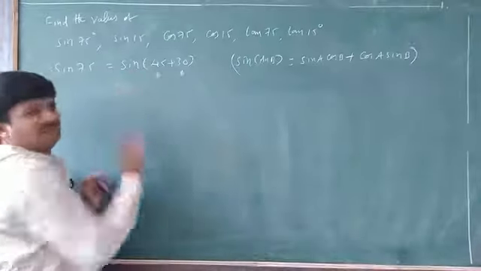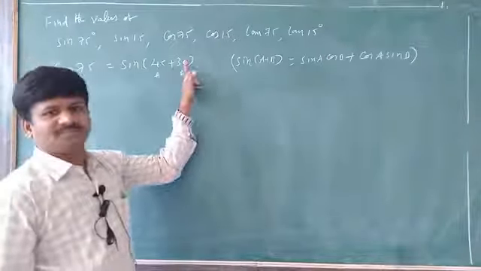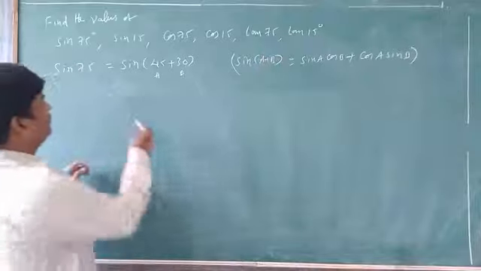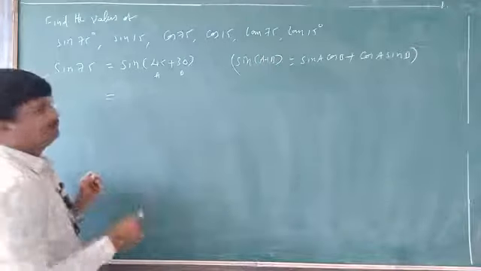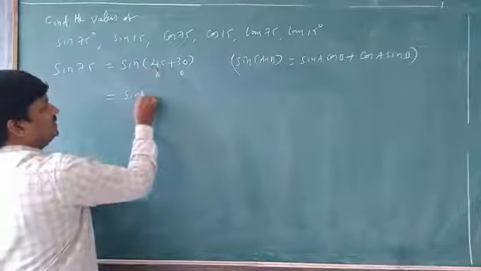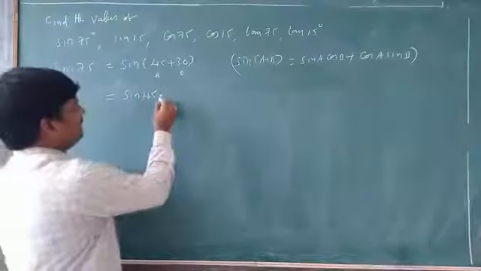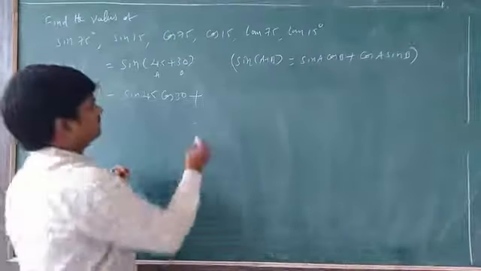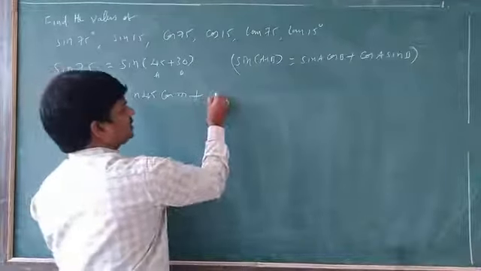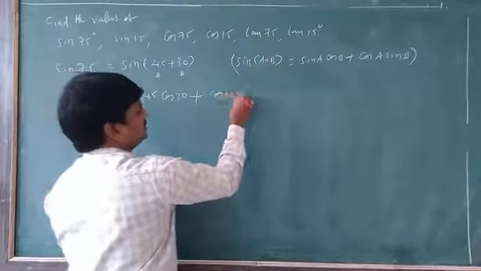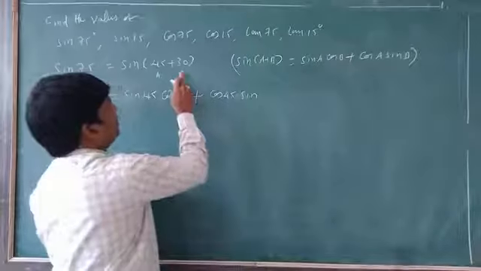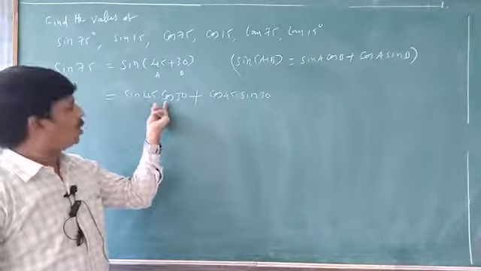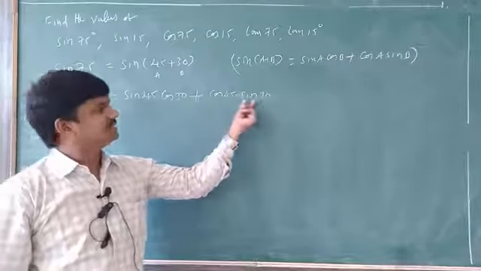Here a value is 45 and b value is 30. Apply this in the formula. What will you get? Sin a means sin 45, cos b means cos 30, plus cos a means cos 45 into sin b means sin 30.